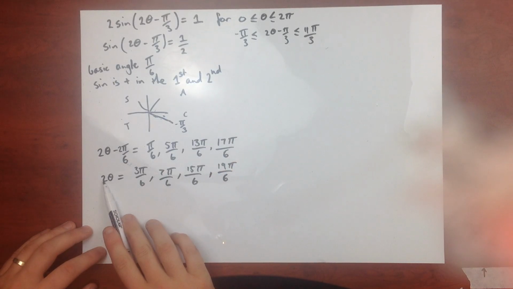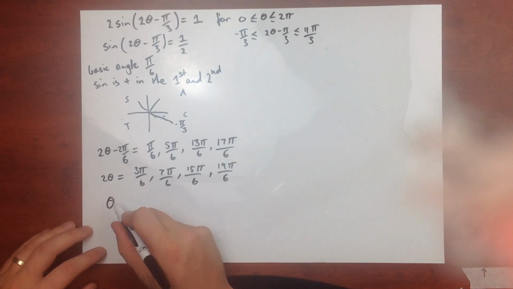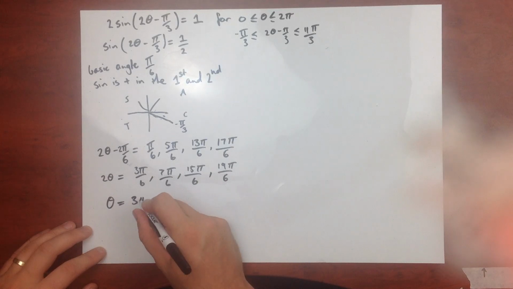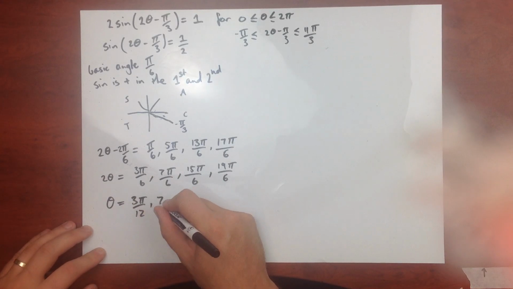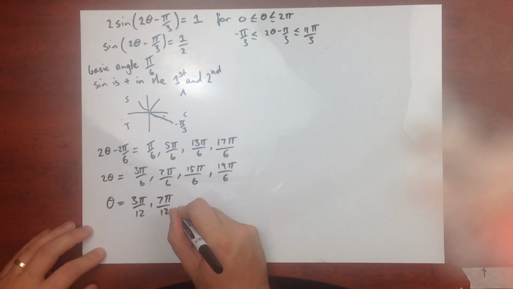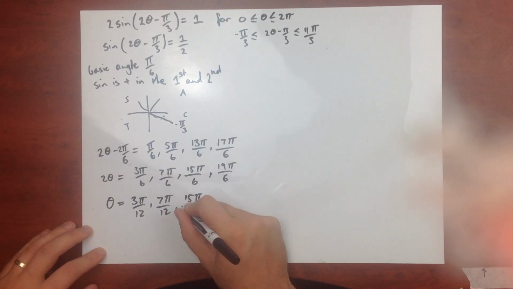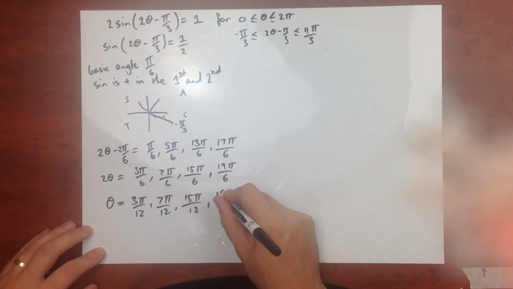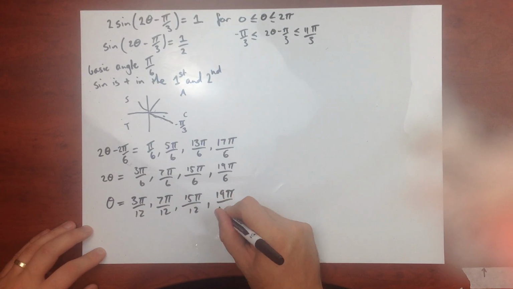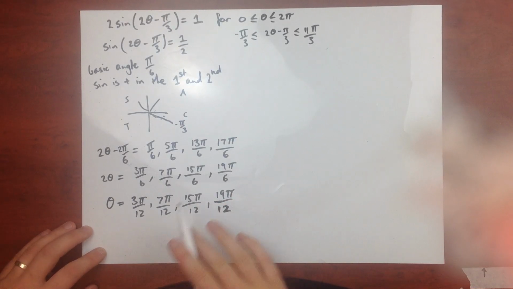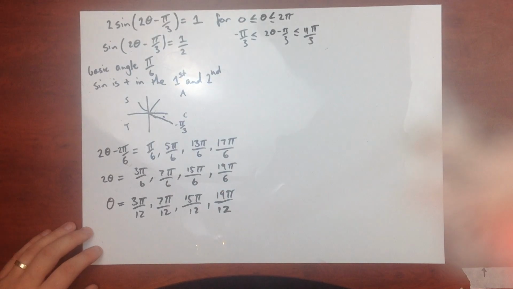And now we're going to divide it all by 2: 3 pi on 12, 7 pi on 12, 15 pi on 12, and 19 pi on 12. You can see all these ones are nice in our range there of our domain.